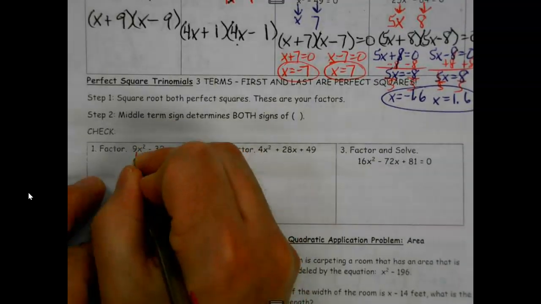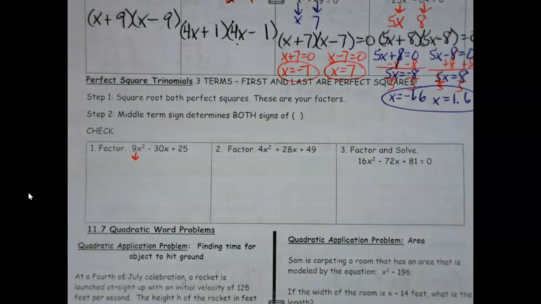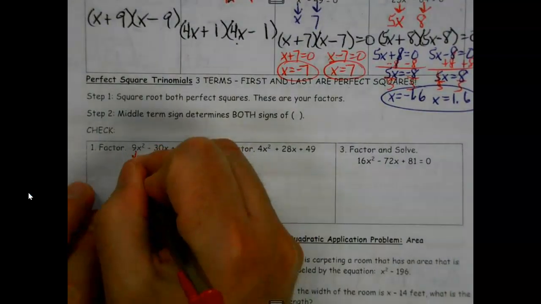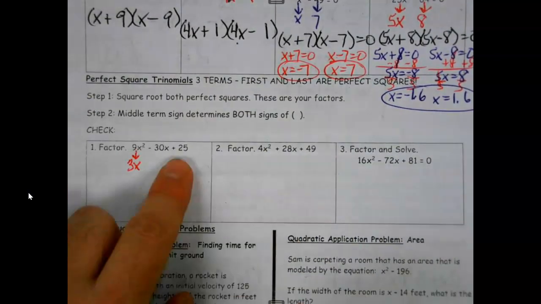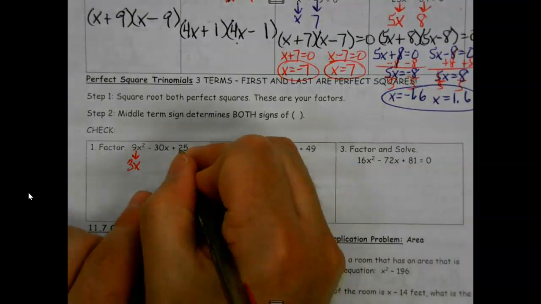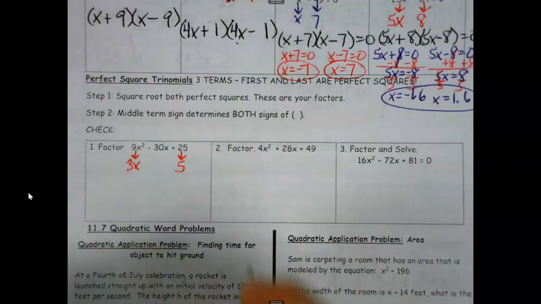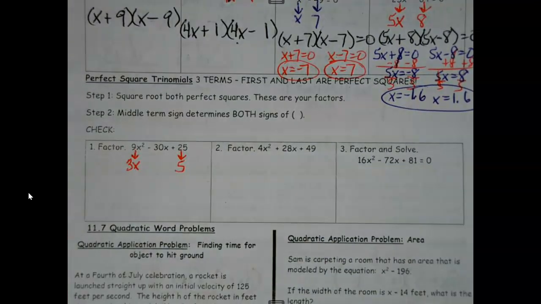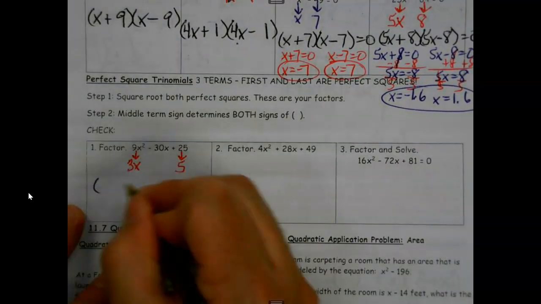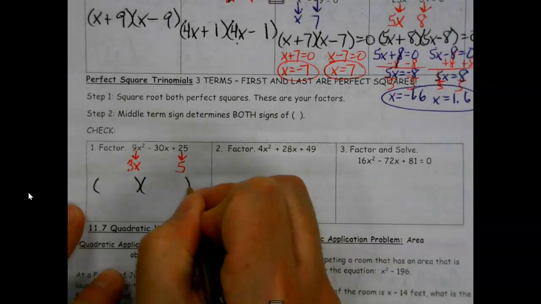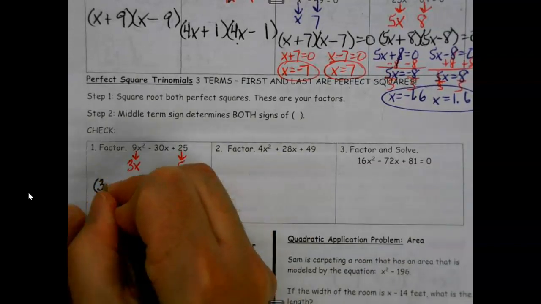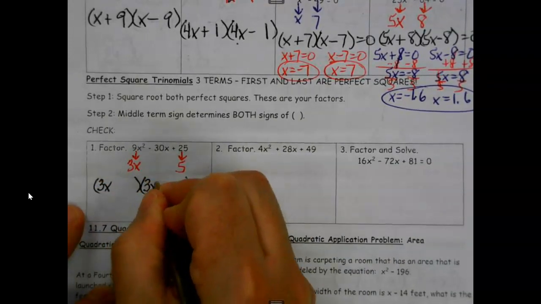So what's squared, or what times itself, is 9? 3. Get my x. Okay, my 25? 5. So now here's how this one's going to work. Still 3x to start.